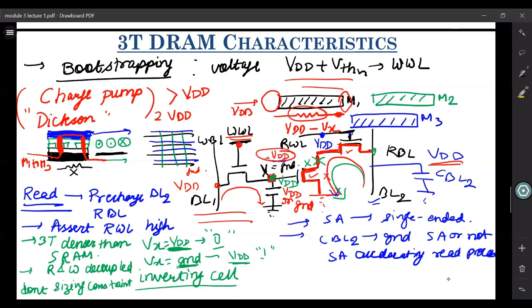Third advantage, this capacitance over here, let's call this CS. CS is not an external capacitance.